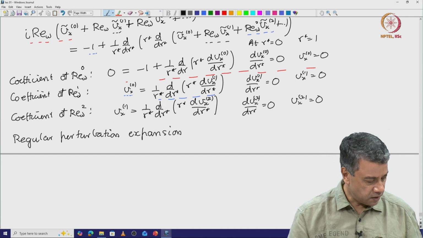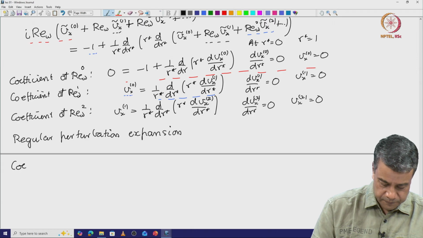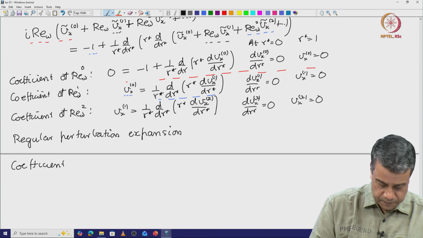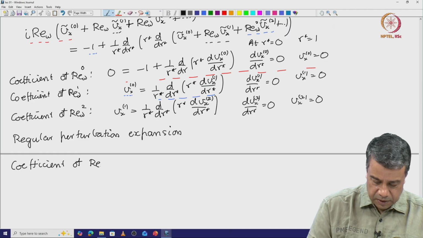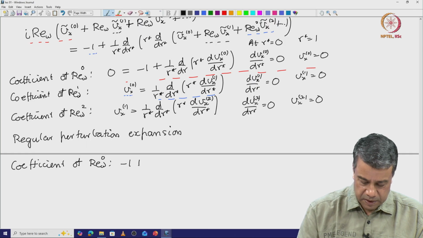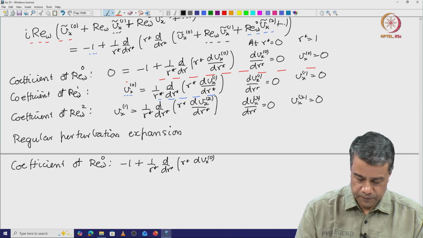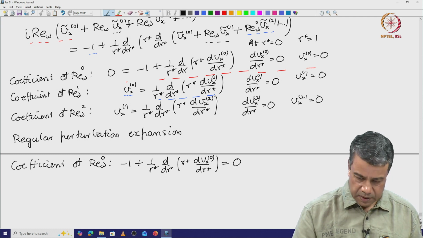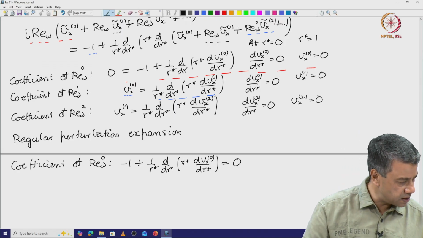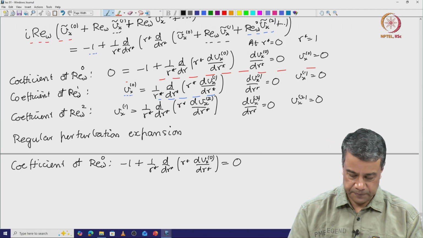So, I can solve order by order. If I take the coefficient of Re omega power 0, I get minus 1 plus 1 by R d by dr of r dVx naught by dr is equal to 0, subject to the boundary condition that the slope is 0 at the center and the velocity is 0 at r star is equal to 1.